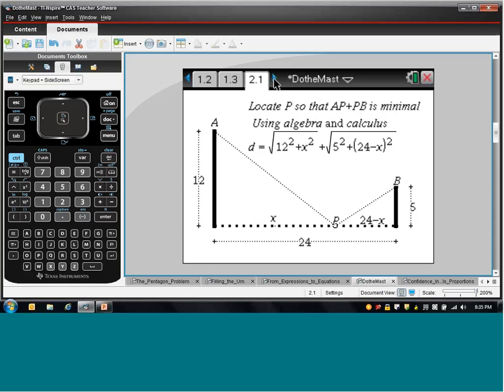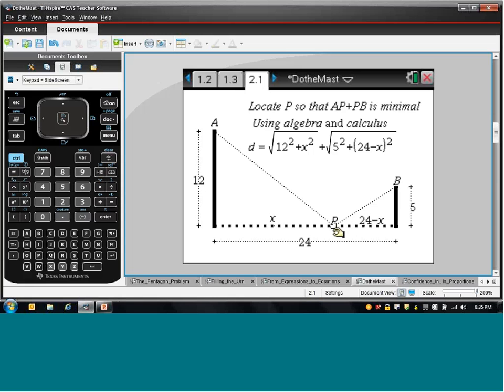If we go to the next page, we could try to actually model this algebraically. In this case, we've replaced this numerical value with a literal variable x. x stands for the distance from point P to the base of the 12-meter mast.